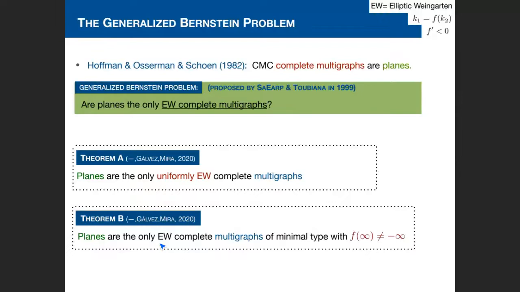Okay, so in this case, what remains open is the case where the function f is bounded at infinity but of non-minimal type, or when the function f is not bounded at infinity but not uniformly elliptic. Okay, so these are just partial solutions to the generalized Bernstein problem in these two situations.